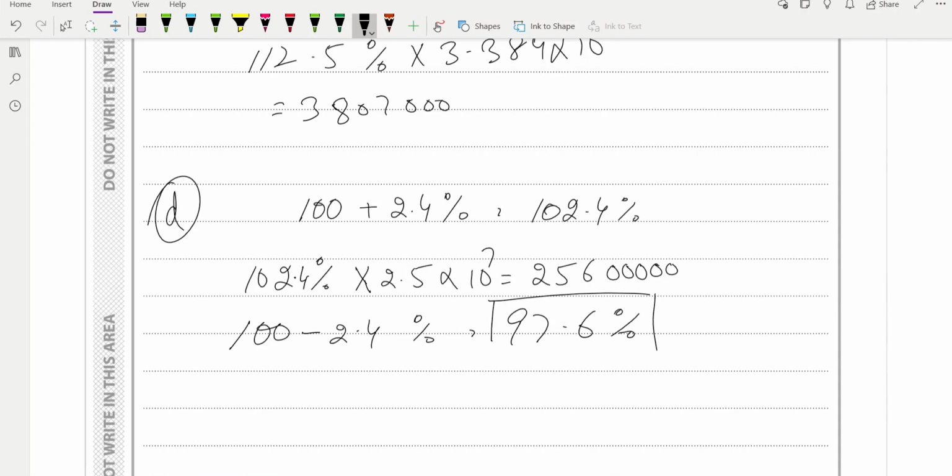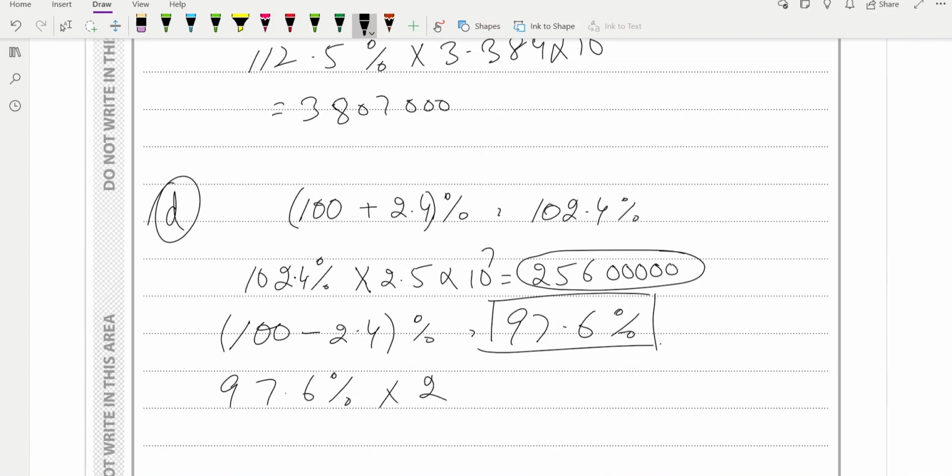We will be calculating 97.6%; you can put brackets over here so that you can understand better. Now we can directly calculate 97.6% of this number which we have just gained after the 2.4% increase, which is 256 and 5 zeros.